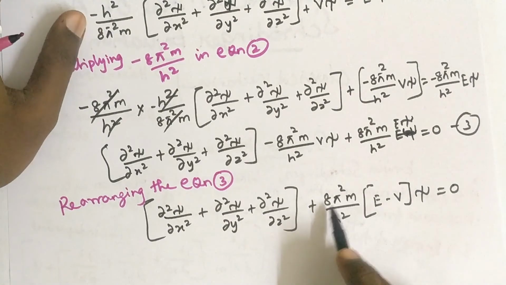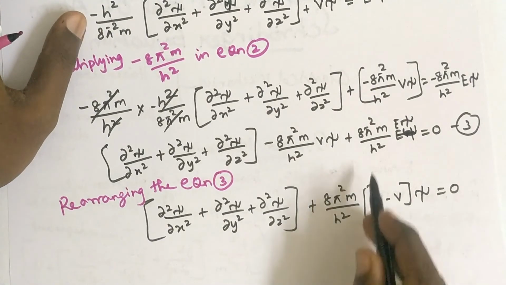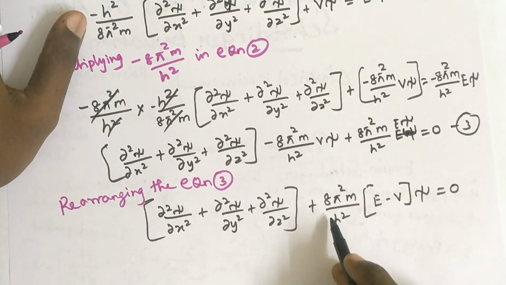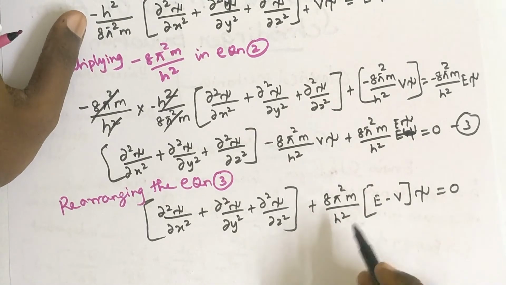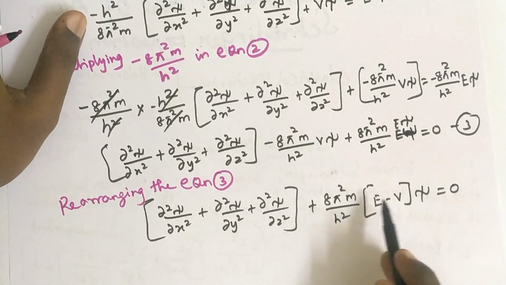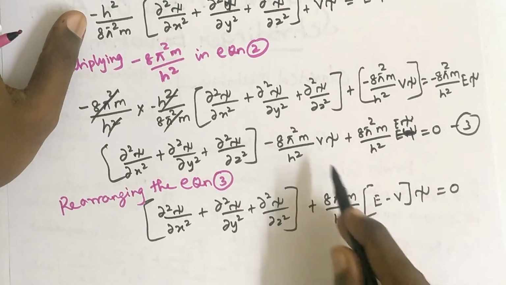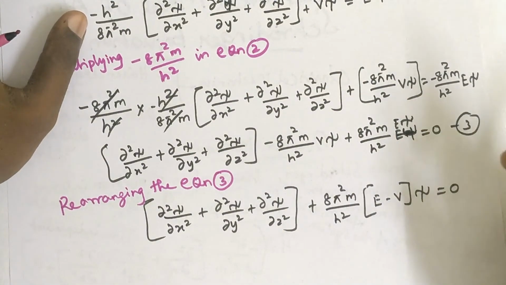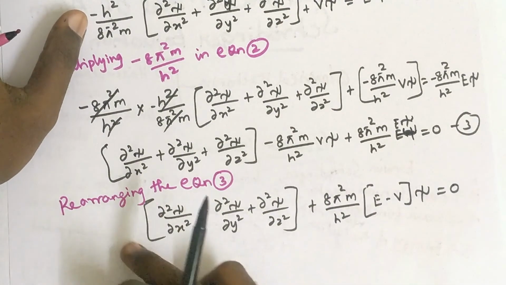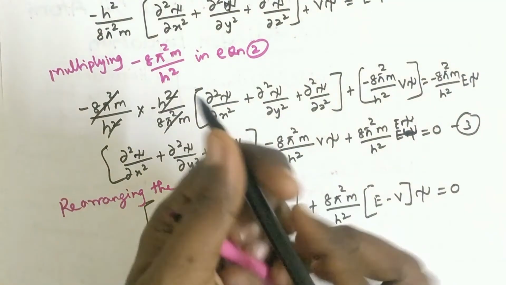When you multiply 8 pi square m by h square with E psi, here it is, for a positive sign we rearrange this equation. So when you multiply plus into minus, minus 8 pi square m by h square V psi. On rearranging equations 2 and 3, we get the final equation.